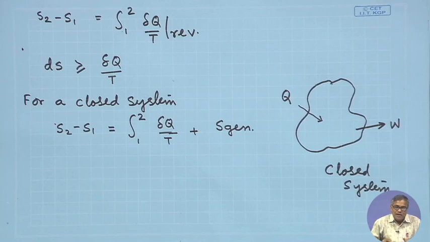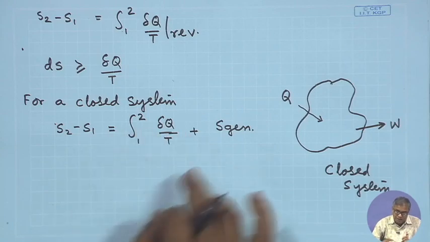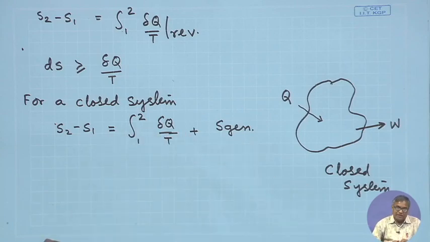So, S2 minus S1 gives the change of entropy for the process to go from state 1 to state 2. For executing the process and going from state point 1 to 2, there is a change of entropy and that is given by S2 minus S1. So, that is equal to integration 1 to 2 dq by T plus S generated.